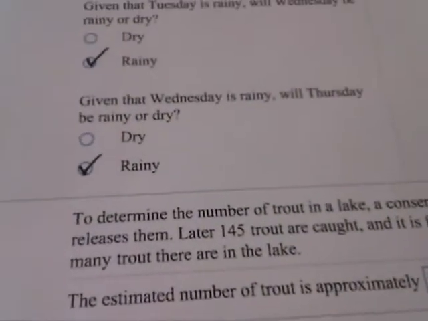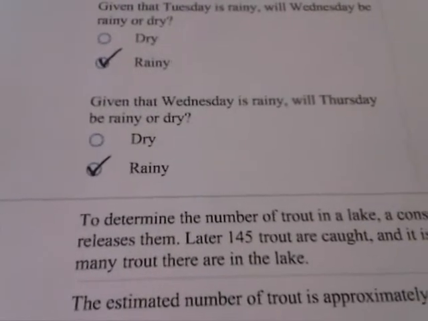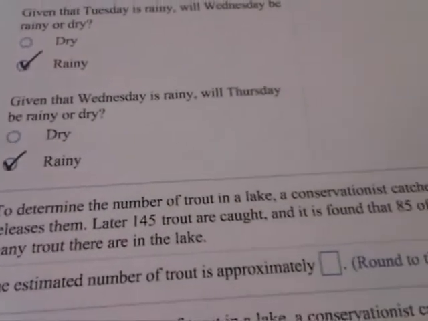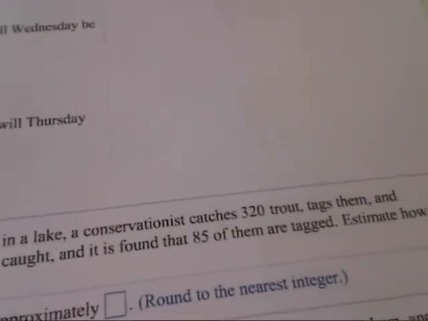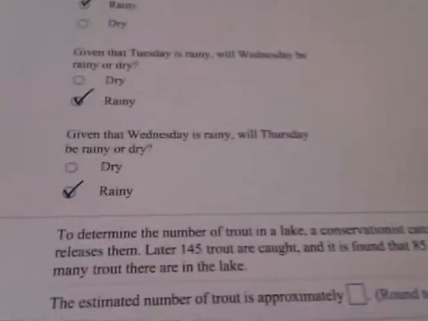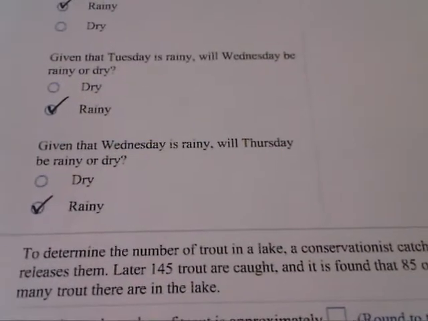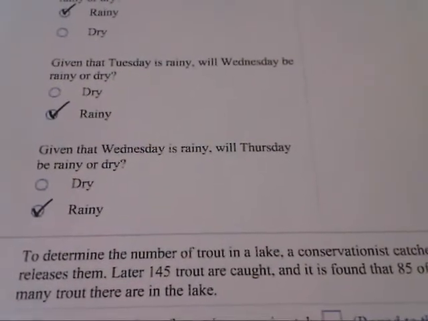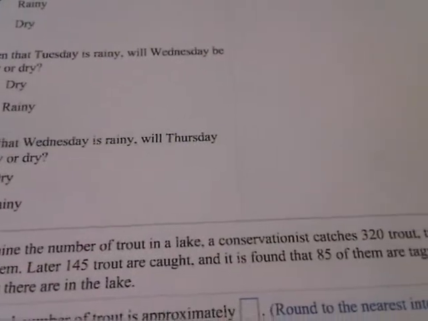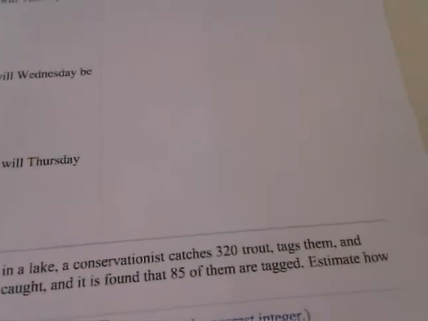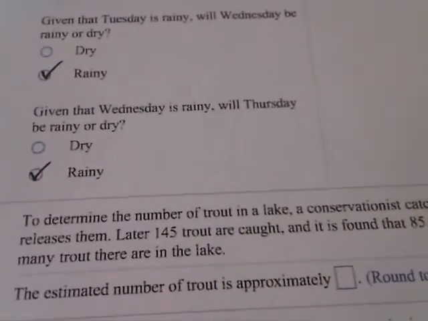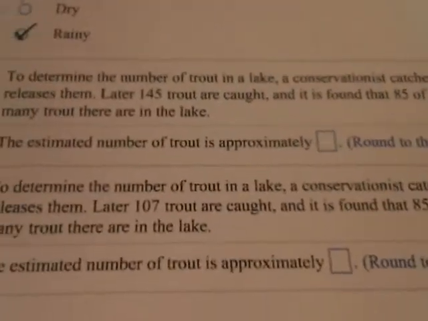To determine the number of trout in a lake, a conservationist catches 320 trout, tags them, and releases them. Later, 145 trout are caught, and it is found that 85 of them are tagged. Estimate how many trout there are in the lake. Okay?